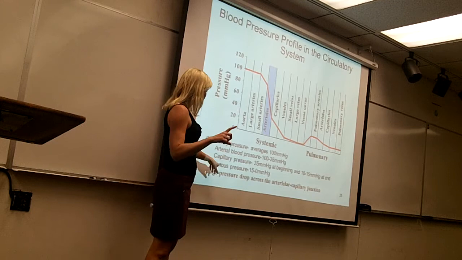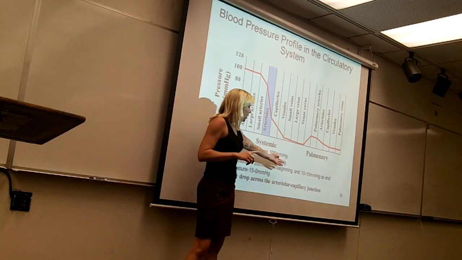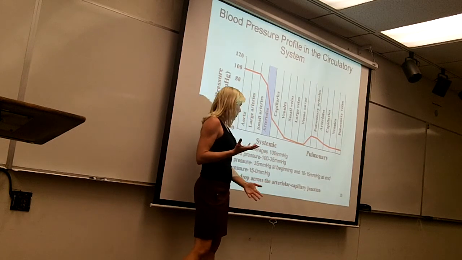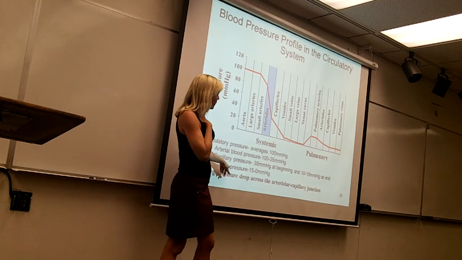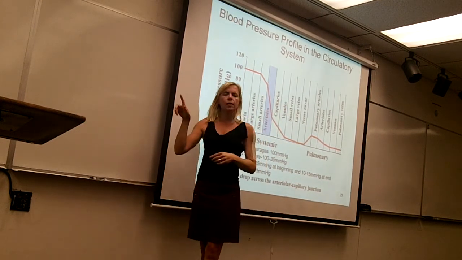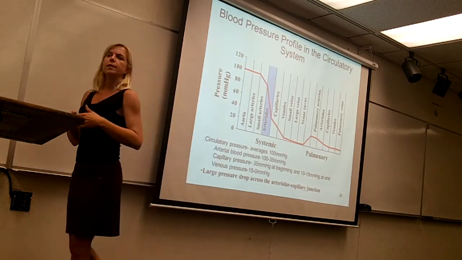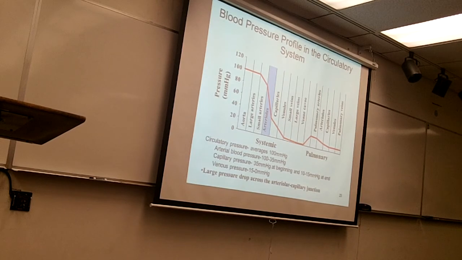So the average throughout the capillary pressure is about 17 millimeters of mercury, somewhere in the middle of those two. And then the veins, we're going to see a further drop in pressure all the way through the vena cava to the right atrium. We're going to see that 15 millimeters of mercury drop down to 0 in the right atrium.